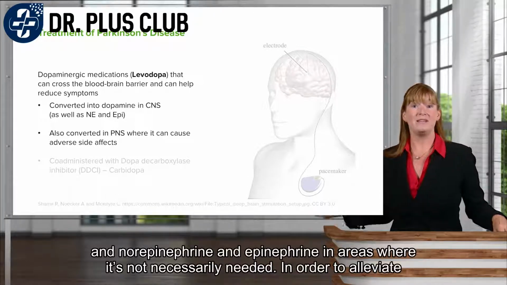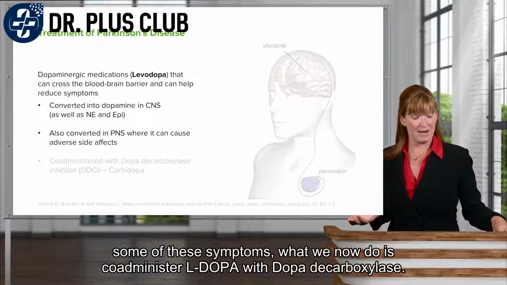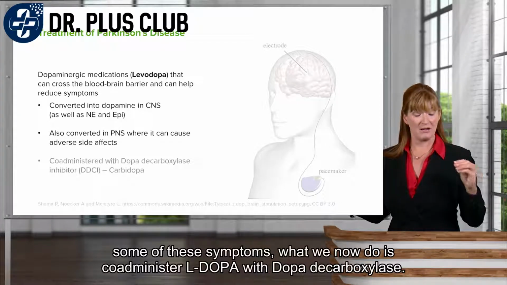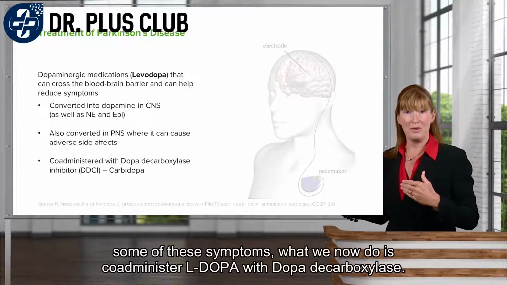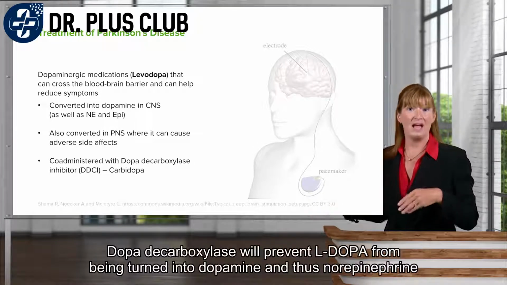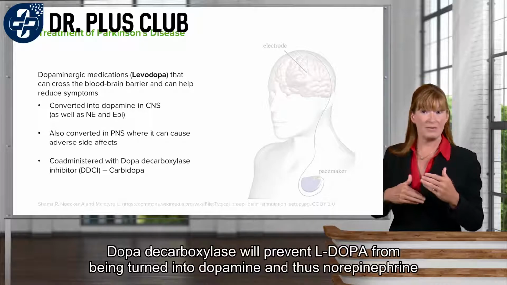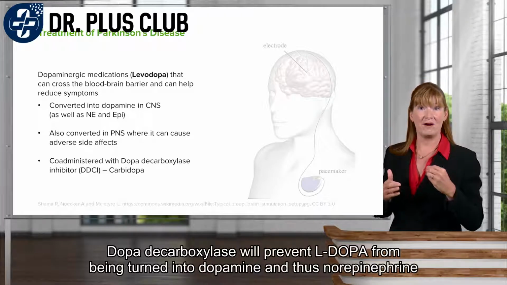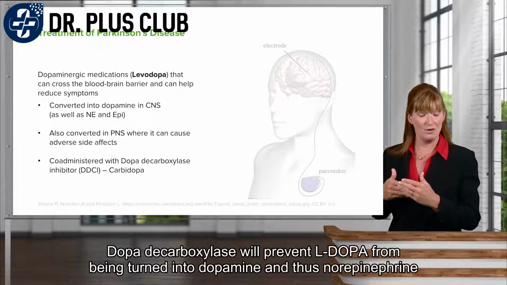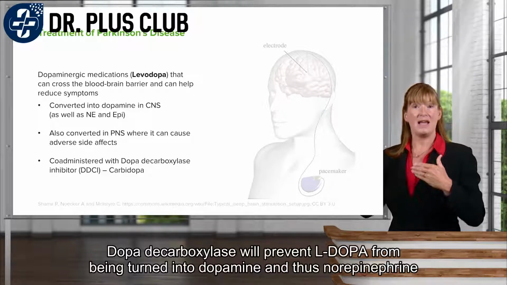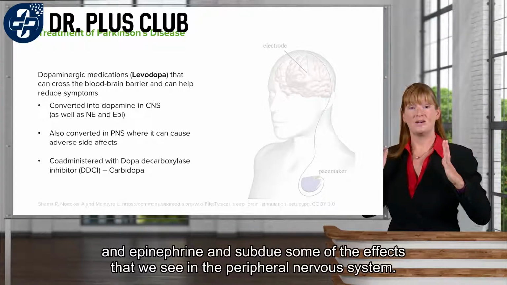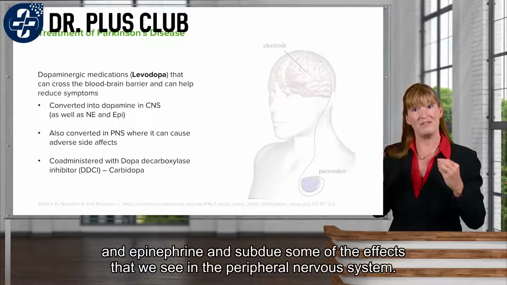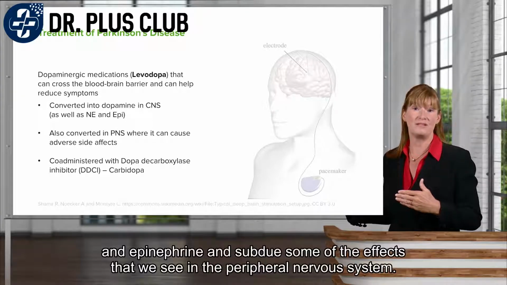So in order to alleviate some of these symptoms, what we now do is co-administer L-DOPA with dopa decarboxylase inhibitor. And dopa decarboxylase will prevent L-DOPA from being turned into dopamine, and thus norepinephrine and epinephrine, and subdue some of the effects that we see in the peripheral nervous system.